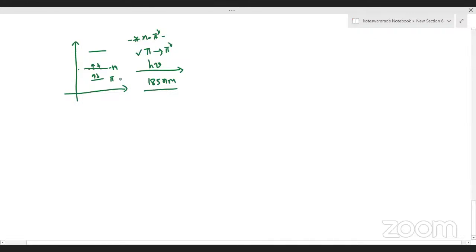Even though n to π star has lower energy, you are providing much more energy. Therefore, n to π star is forbidden, and π to π star takes place.